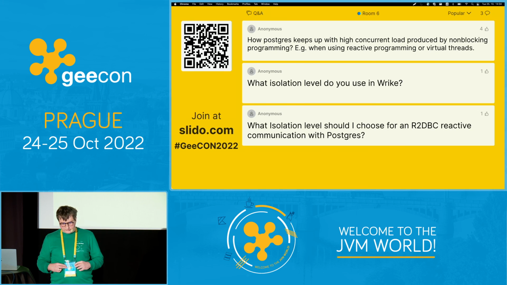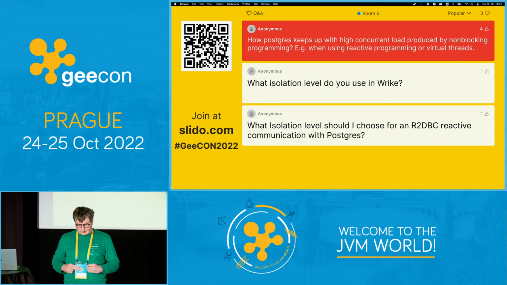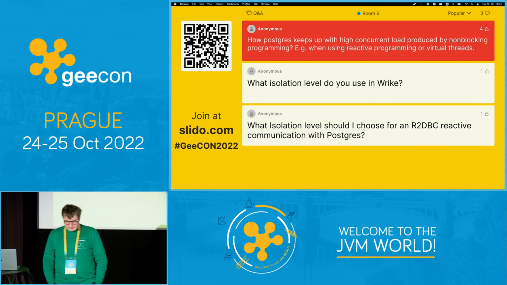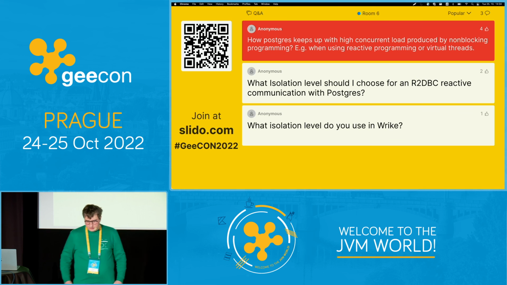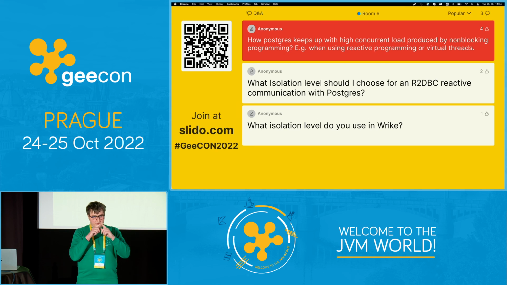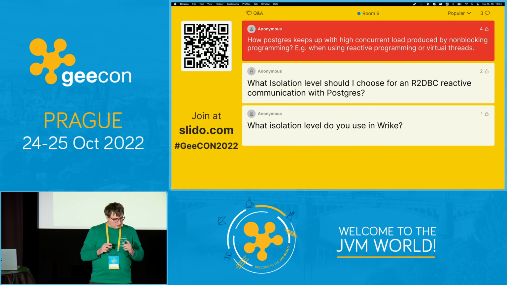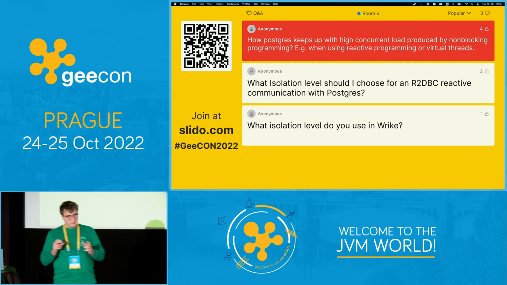So how does Postgres keep up with the high concurrent load produced by non-blocking programming? I would be honest, I haven't done it myself, but what I can assume is that it actually doesn't matter whether your programming is non-blocking or blocking, because in Postgres you have incoming requests, and then Postgres has a number of connections.